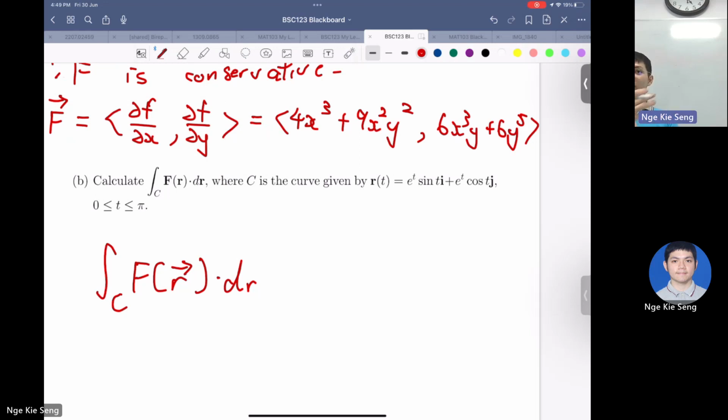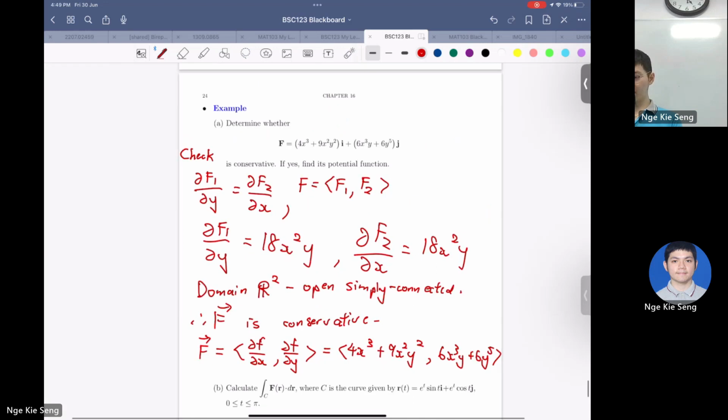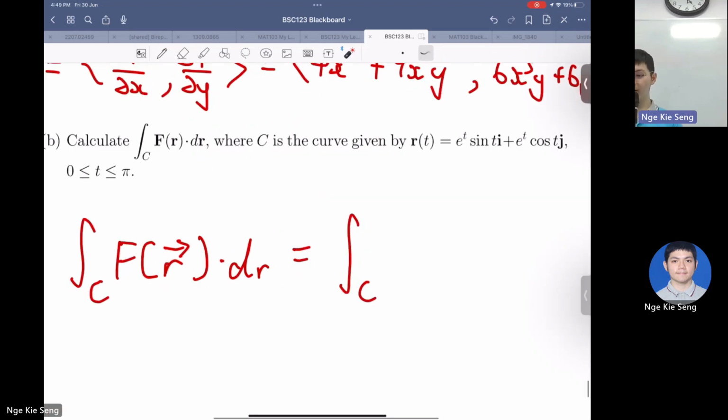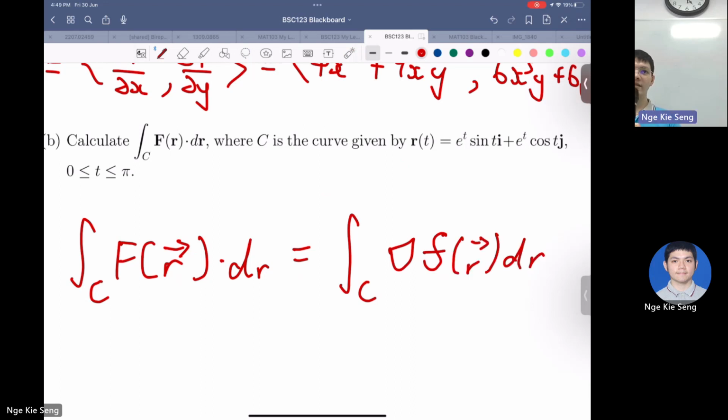Okay. But in this case here, what is my f? My f is this thing here, but in particular it is conservative. So I can write it as a del of a little f. So we can use the FTC.